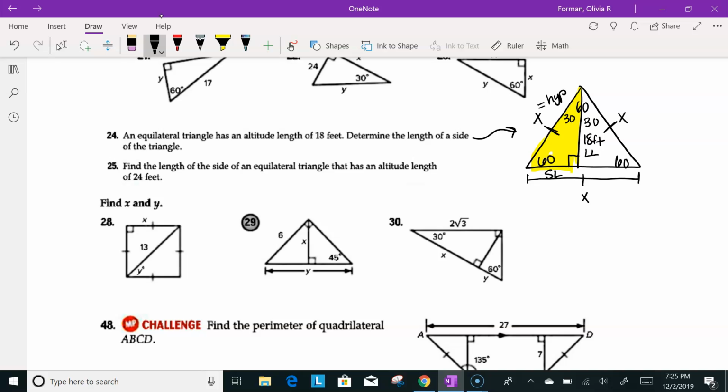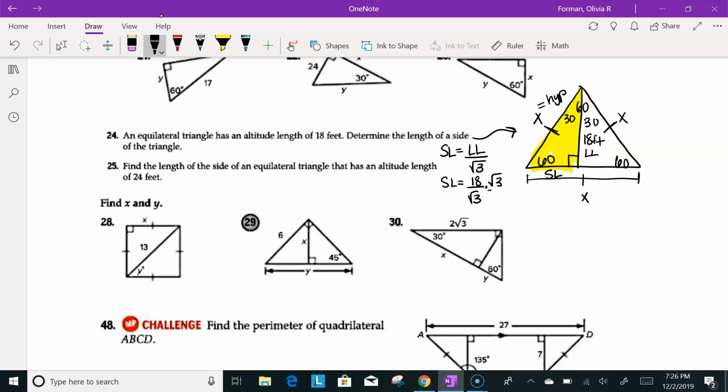If you remember from yesterday, the first thing you want to do is find your short leg. So we're working on number 24 here. Our long leg is 18, and to find our short leg from our long leg, we take our long leg divided by the square root of 3. So we take 18 divided by the square root of 3.